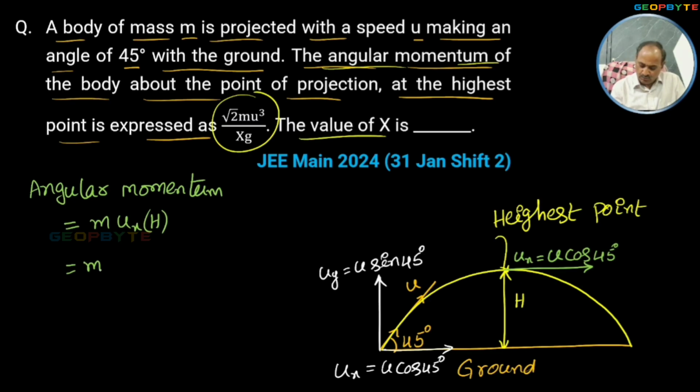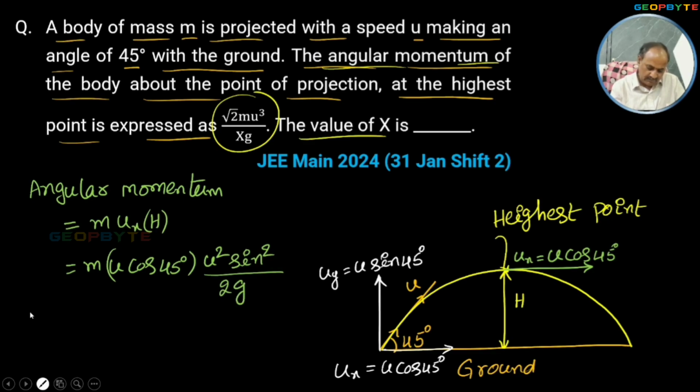M into ux, which is u cos 45 degrees, into h, the maximum height maintained by the projectile motion, u square sin square theta by 2g. Here theta is 45 degrees.